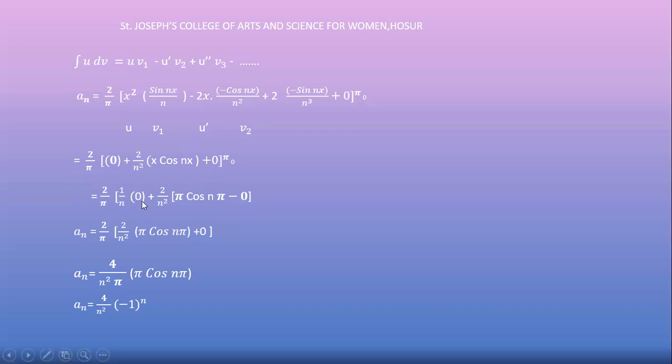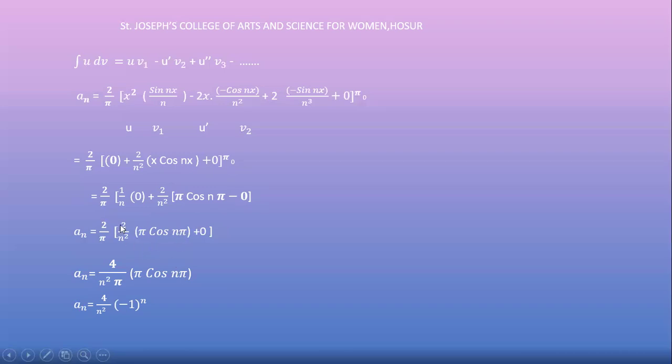Here this becomes 0, this becomes 0. So we'll get only 2 by n square. Upper limit is pi cos n pi. In the place of x, substitute pi, so pi cos n pi minus, in the place of x, put 0. 0 into any number is 0. So we will get only this term, 2 by pi into 2 by n square pi cos n pi.